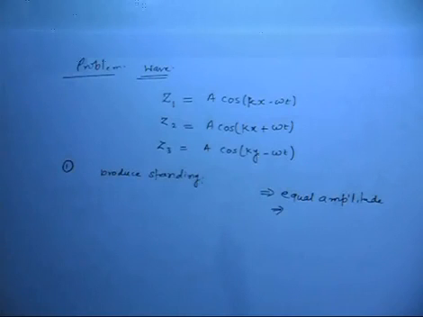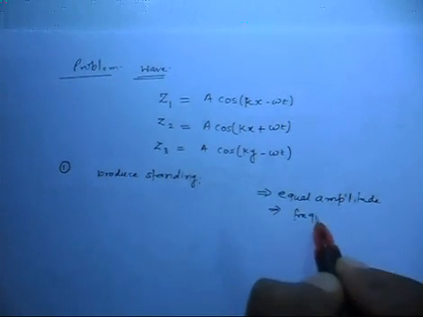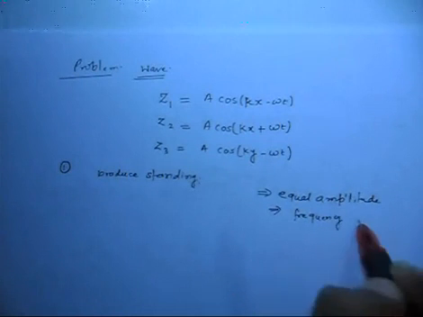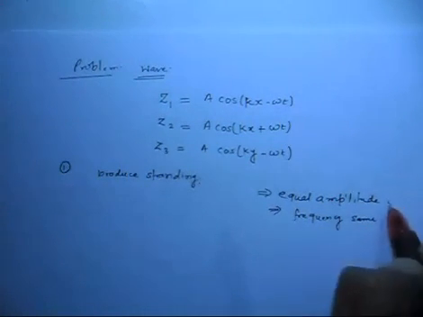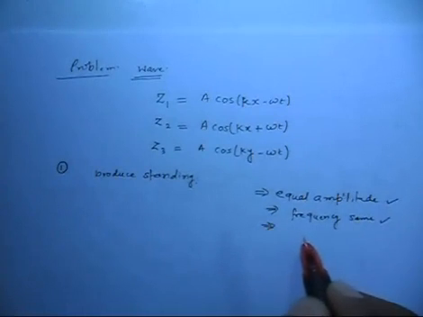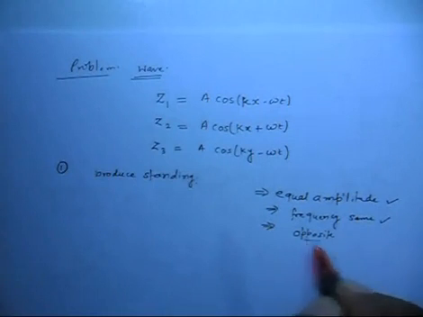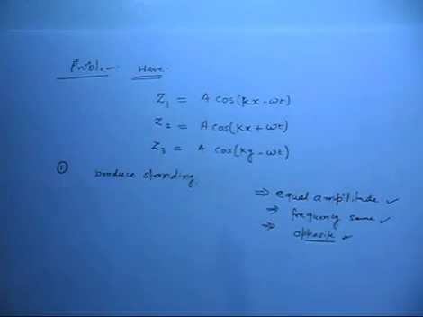The frequency of the traveling waves should also be equal. So the amplitude should be the same, the frequency should be the same, and third, they should move in opposite directions. One is moving along the positive x direction and another should move along the negative x direction.